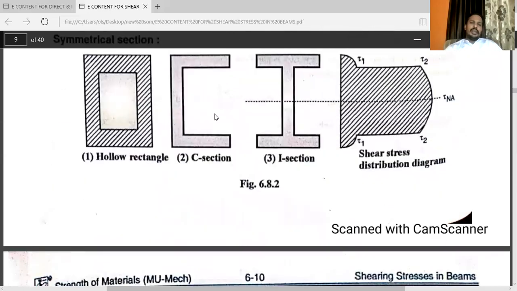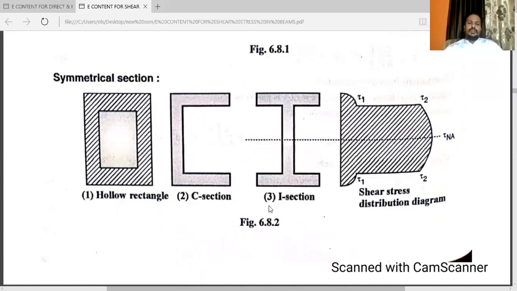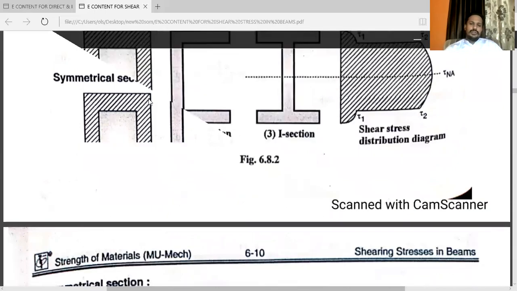You can see the symmetrical sections of hollow rectangle, C section, and I section. You can see this stress distribution diagram here. Tau 1, tau 2, tau max are given for symmetrical sections.